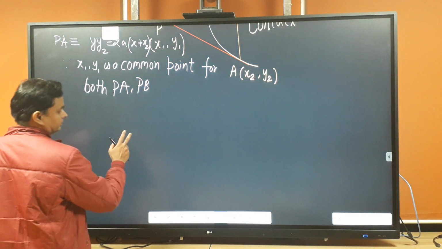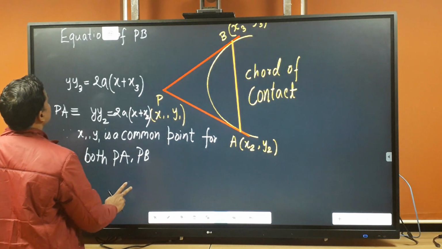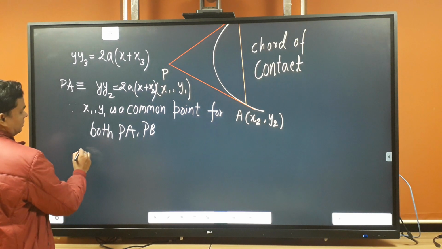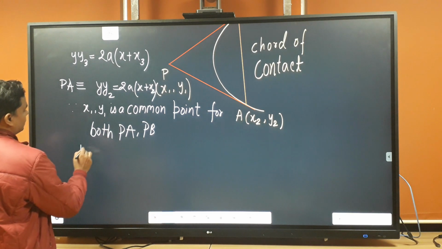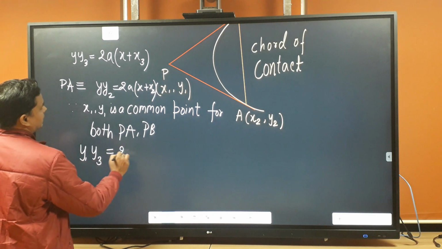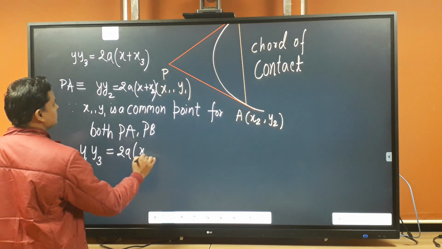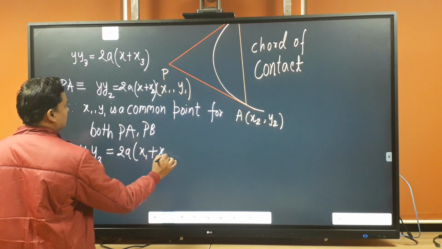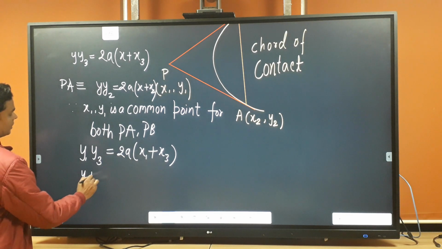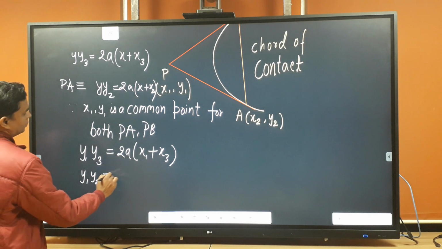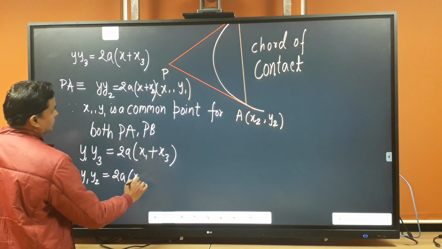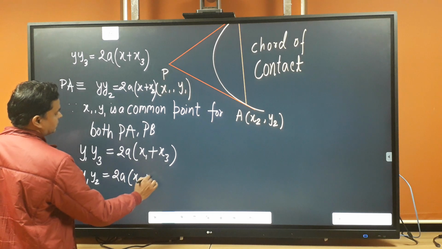So let us first put the values: y1 y3 is equal to 2a times x1 plus x3, and the next equation we can write as y1 y2 is equal to 2a times x1 plus x2.